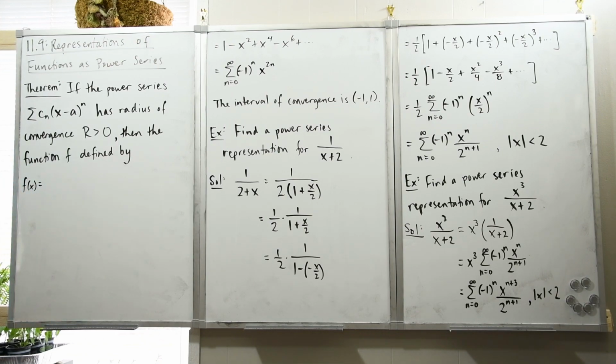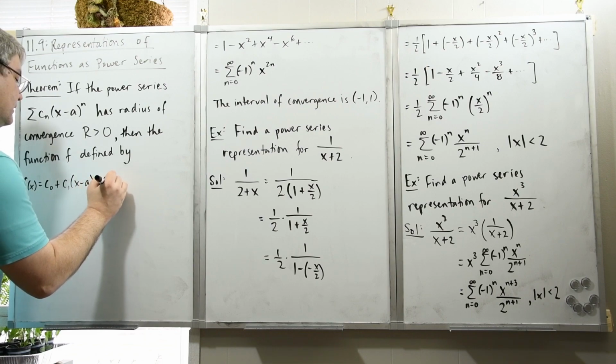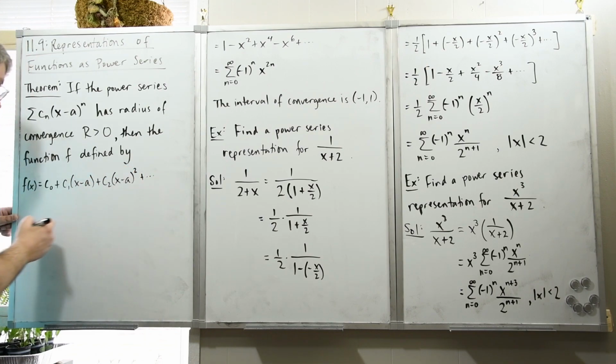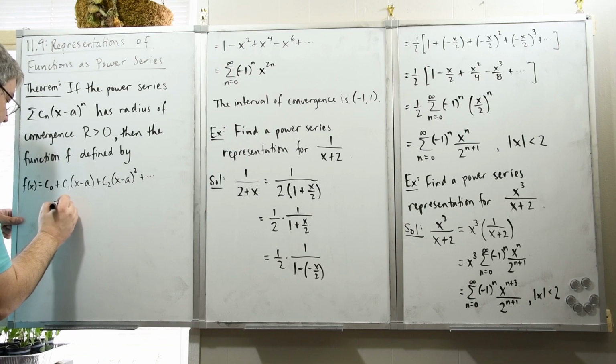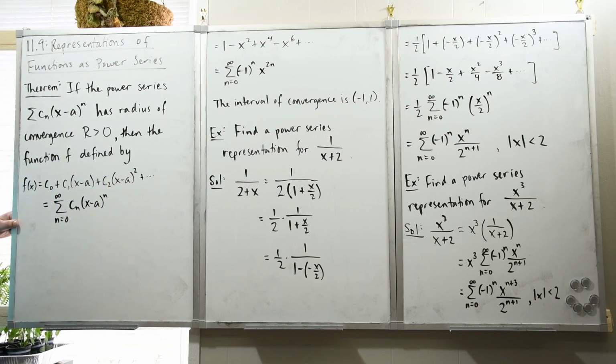So f of x is equal to c sub 0 plus c sub 1 times x minus a plus c sub 2 times the square of x minus a, and so forth. And of course, that's the same as what we're seeing right here with the index of summation starting at 0. So summation n equals 0 to infinity, c sub n times x minus a raised to the n.